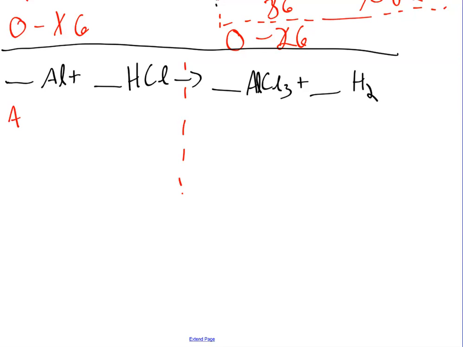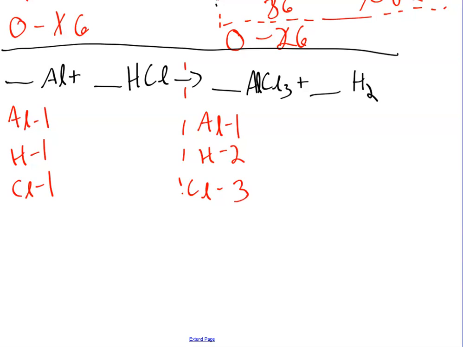So aluminum's on this side, we have 1, hydrogen's 1, chlorine 1. On the product side, aluminum 1, hydrogen 2. Notice I didn't do chlorine because I'm trying to keep them in the same counting order. Chlorine is 3. So I can balance any of these in any order I want to.